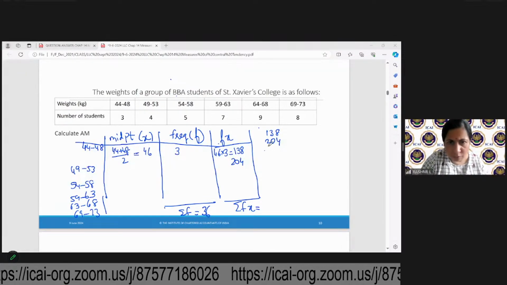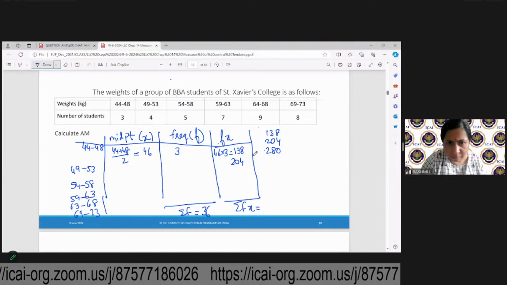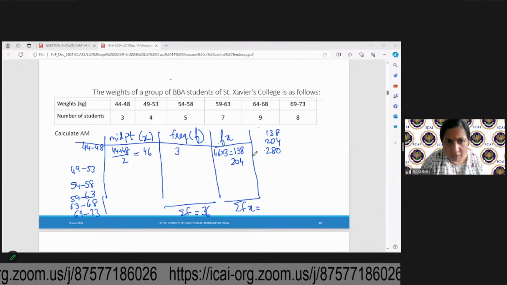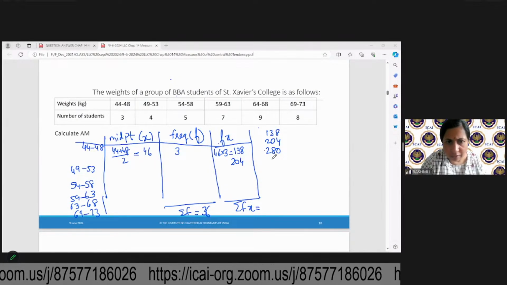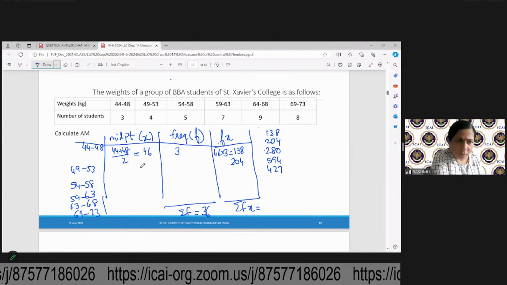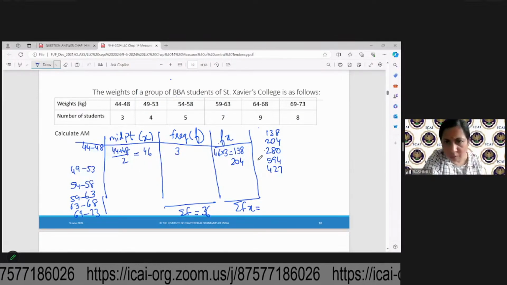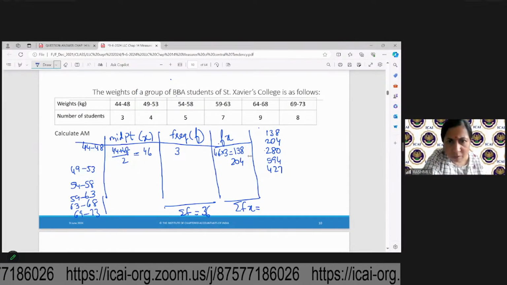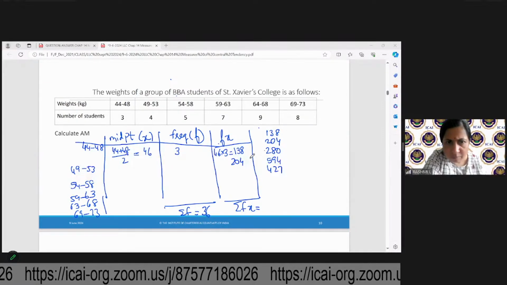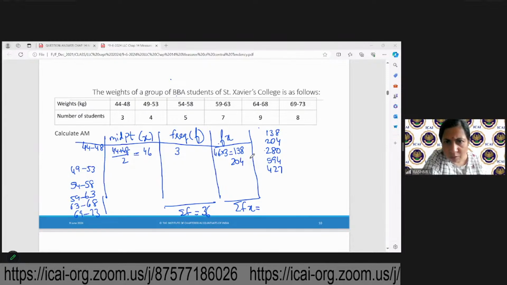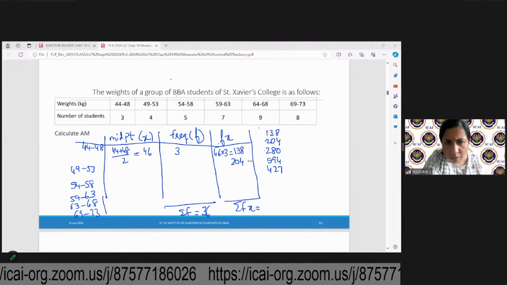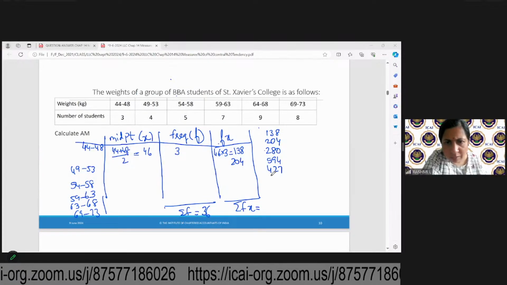After 204, it is 280. Yes, next number is 280, then 594, 427. Last figure is 568.